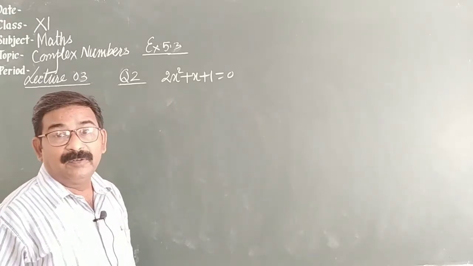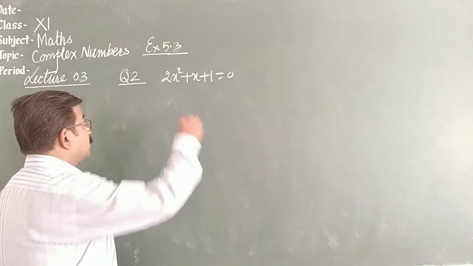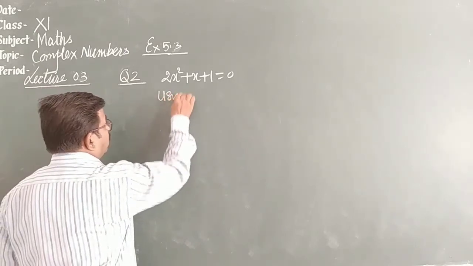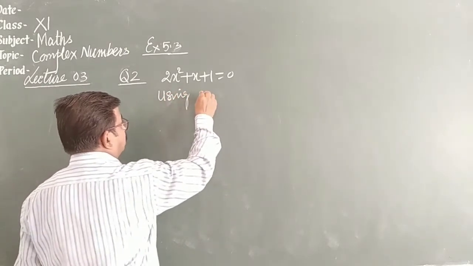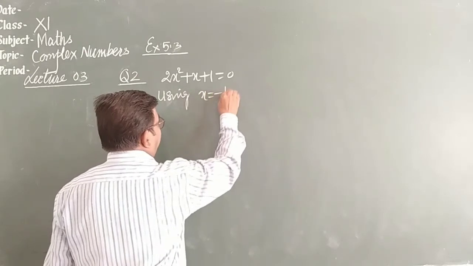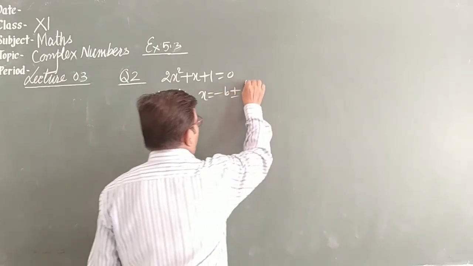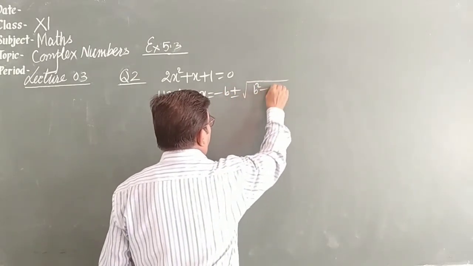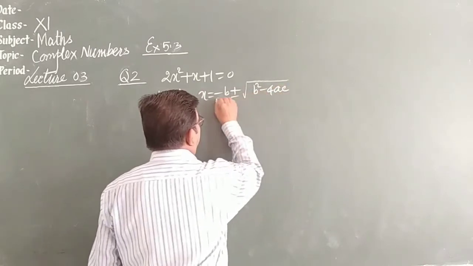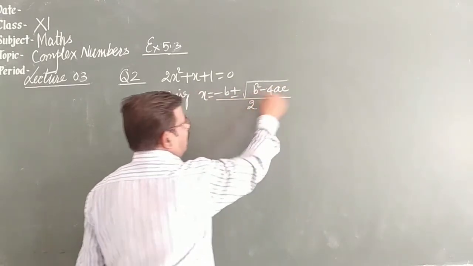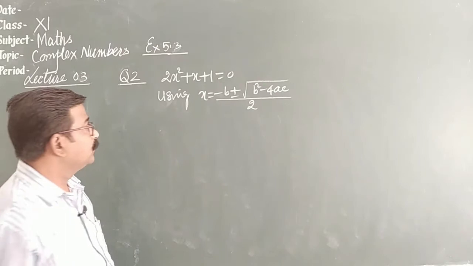So here we will use the quadratic formula. So write the formula. Using x is equal to minus b plus minus under root b square minus 4ac by 2a, and under root is the discriminant.